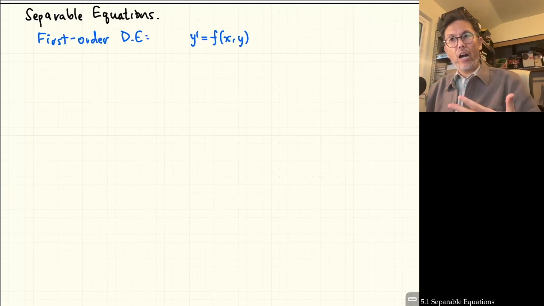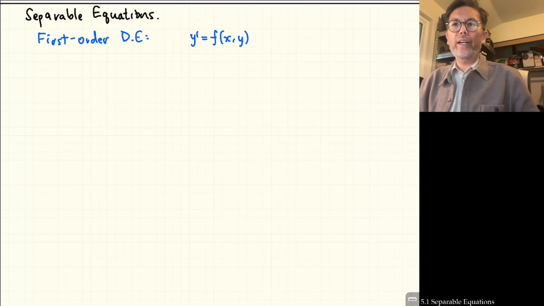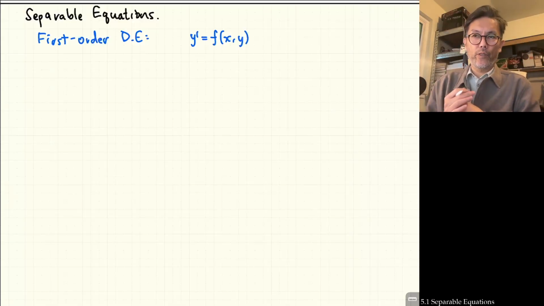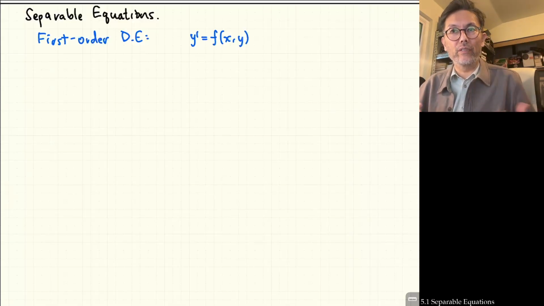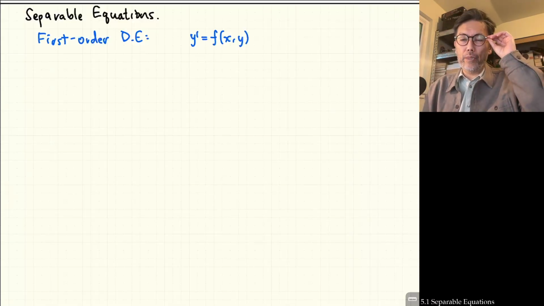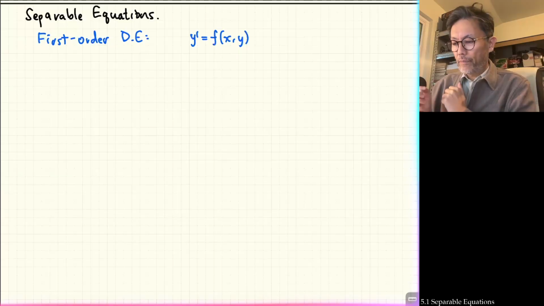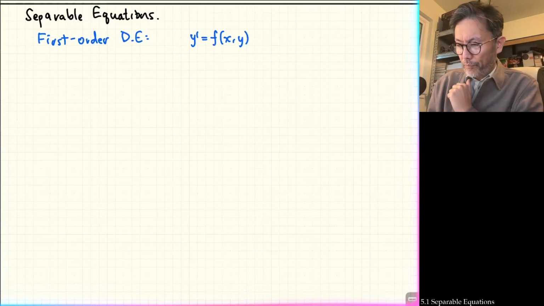So perhaps some complicated expression in x and y here. And the complication in f of x, y is what makes the subject of solving first order differential equations so difficult, right? You can have very, very complicated things, and the theory becomes very difficult very quickly.